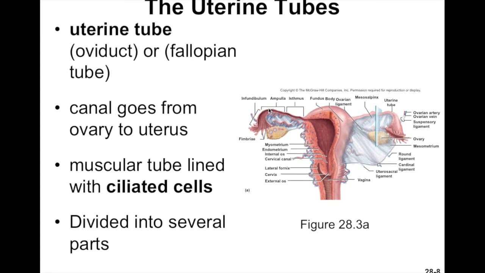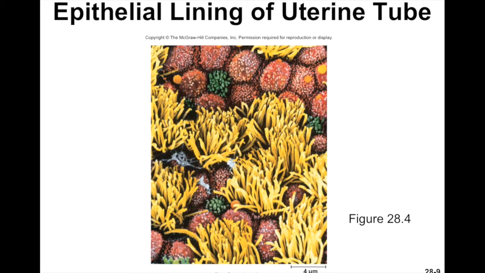If you remember what that means, it's the cells that have the really long finger-like projections that beat, kind of like in the respiratory tract, and it's going to help move that fertilized egg or unfertilized egg down the reproductive tract. Okay? So here's an example of what we're talking about as far as the ciliated lining of the uterine tube. All right, these cells are going to push the eggs or oocytes down the reproductive tract.